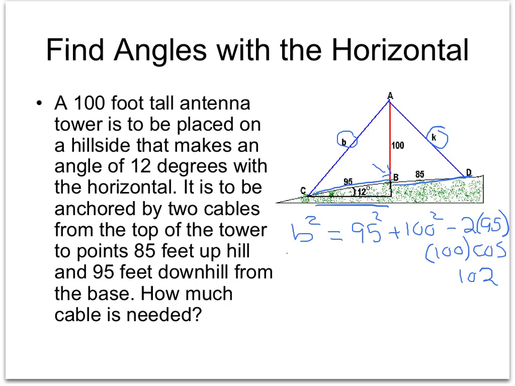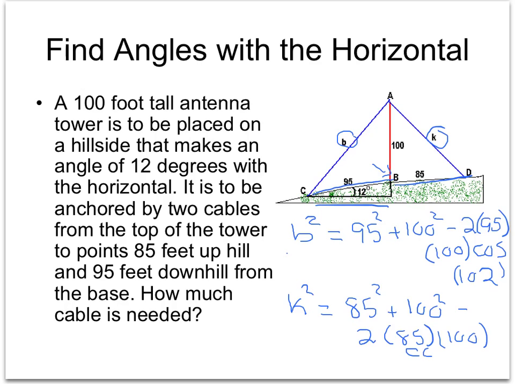We're also going to need to find K, and so that's going to be 85 squared plus 100 squared minus 2 times 85 times 100. And then that angle, 90 would be horizontal, but I'm going up 12 degrees, so that one would be only 78 degrees.